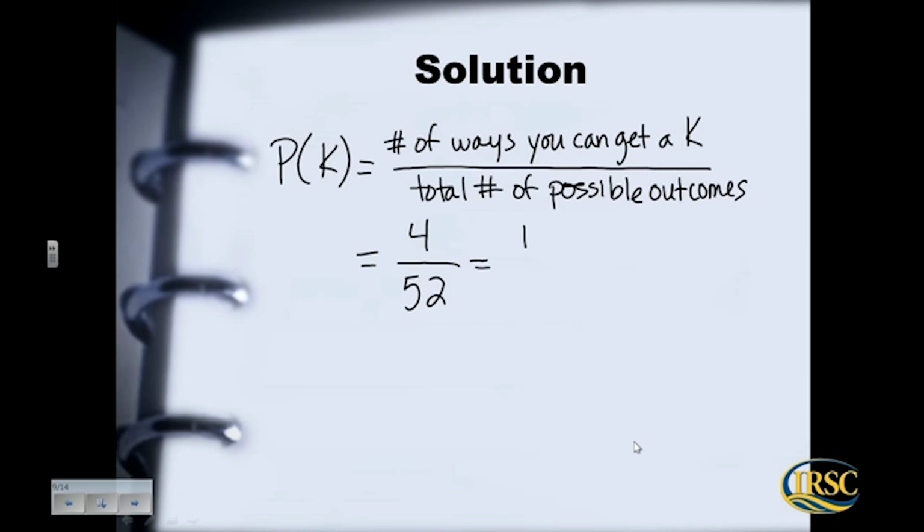Okay, 1 over 13. So 1 over 13 is your answer here. So the probability of getting a king is 1 over 13. Much smaller chance of getting a king than, remember our last problem was 2/3, so 1/13 is very small, much less than 1/2.